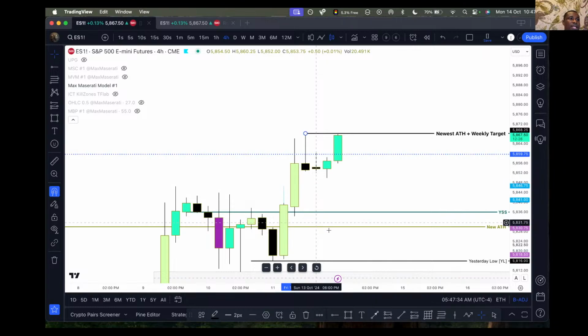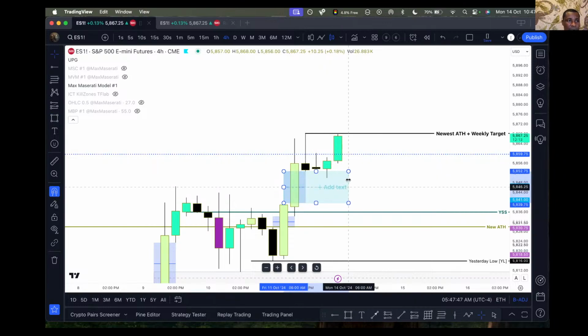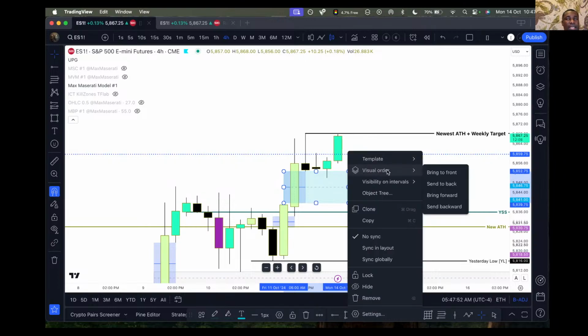However, let's see what we have in the 4-hour, why this market is going higher here. So we have an unfair pricing gap here, which is your normal fair value gap. For the ones who follow me, you know that I prefer to call them unfair pricing gaps, because the market is all about fairness. The market is all about balance.